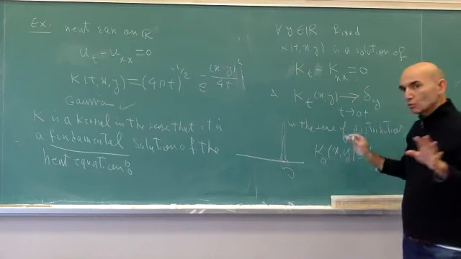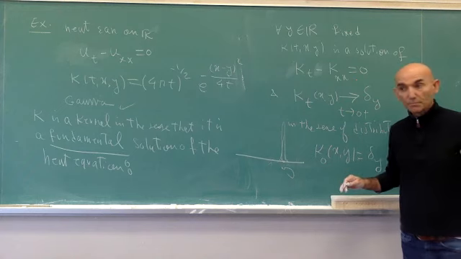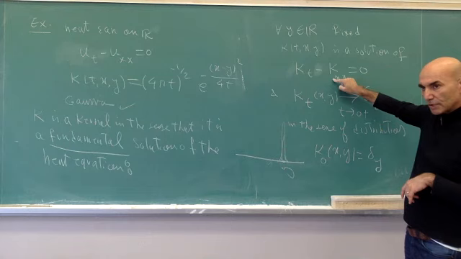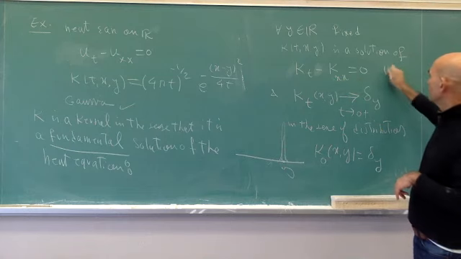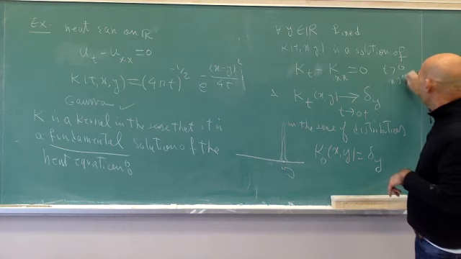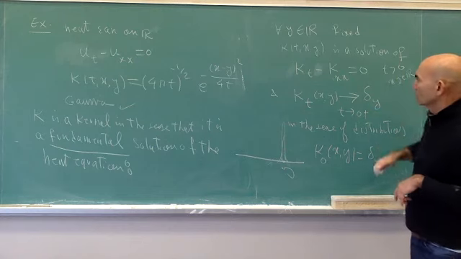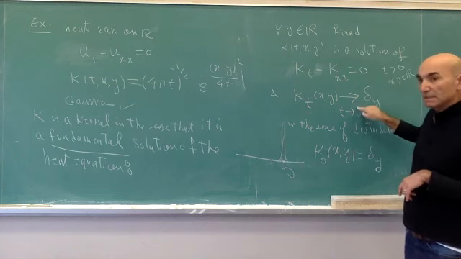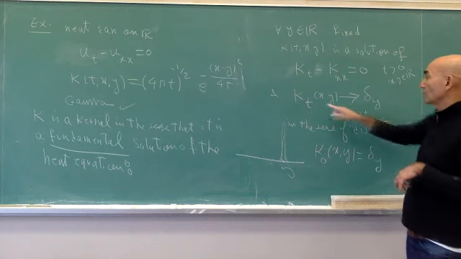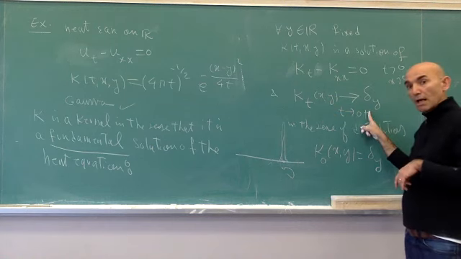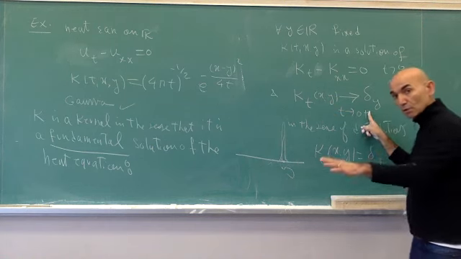There are two things you have to check. First of all, this is the calculus aspect: this is for t positive, and x and y belonging to R. It's kind of lengthy, but you can check. Second, this is in the sense of distribution, so you have to check that this function approaches this distribution as t goes to 0.